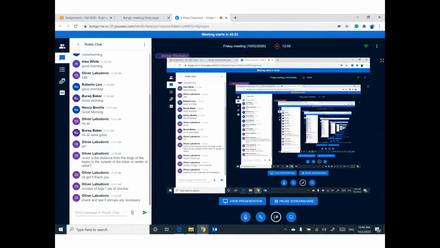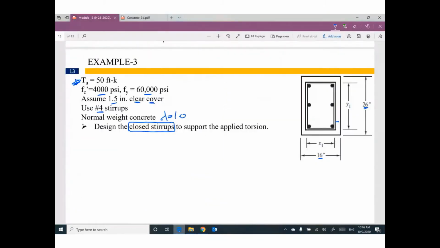Yes, check. Probably 50 kip per foot is nothing, so we can neglect it and we are done. Probably. So, first step, we need to check if T ultimate can be neglected and stirrups are not required.